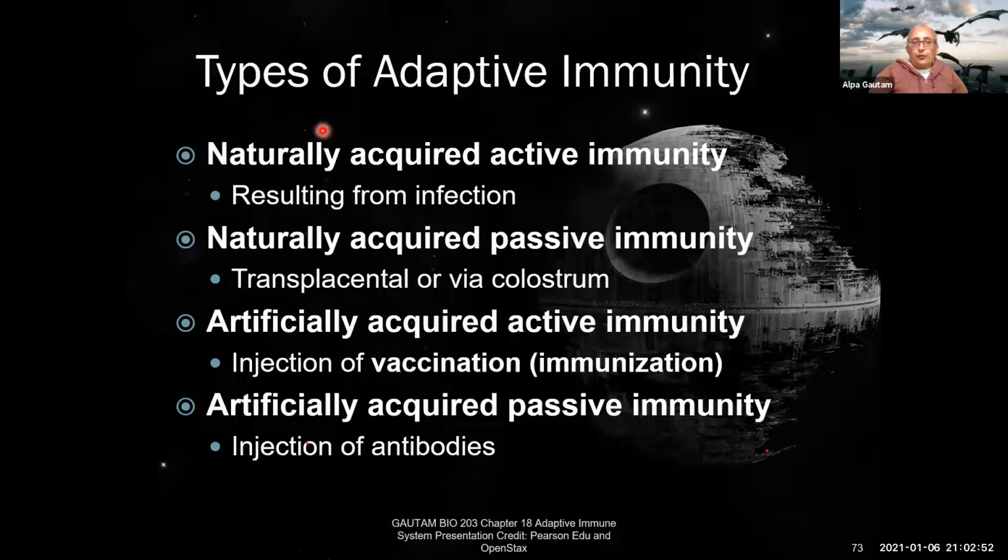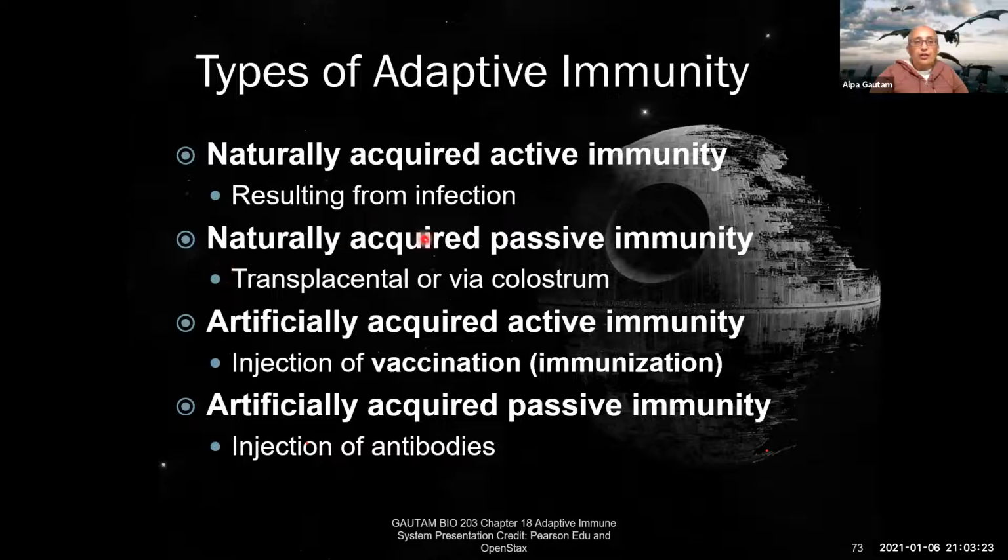Now, you can get this adaptive immunity. Remember, adaptive immunity is the presence of these antibodies. There are different ways you can acquire adaptive immunity. One is, of course, naturally acquired active immunity. This is when your body has been infected, and now your B cells are responding to it, and that's how you then have those antibodies.